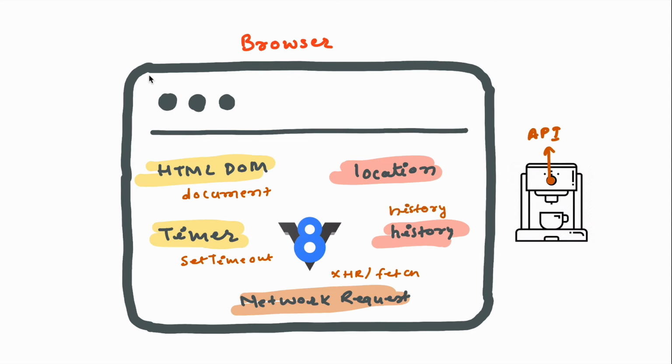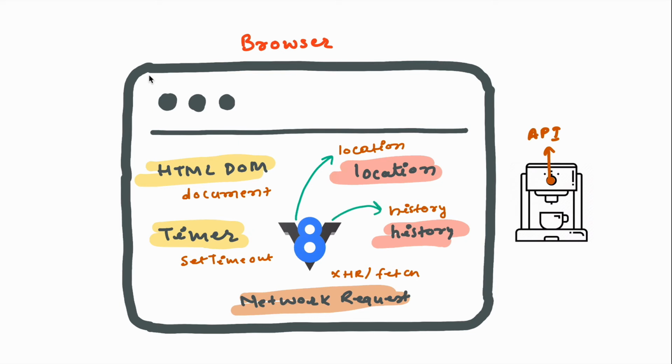And for location, we also use location. So these are the features present inside the browser that are not even a part of JavaScript. And using these things like document, setTimeout, XHR, history, location, we are able to interact using JavaScript. Because JavaScript is the only language present inside the browser, using JavaScript we can interface with them.